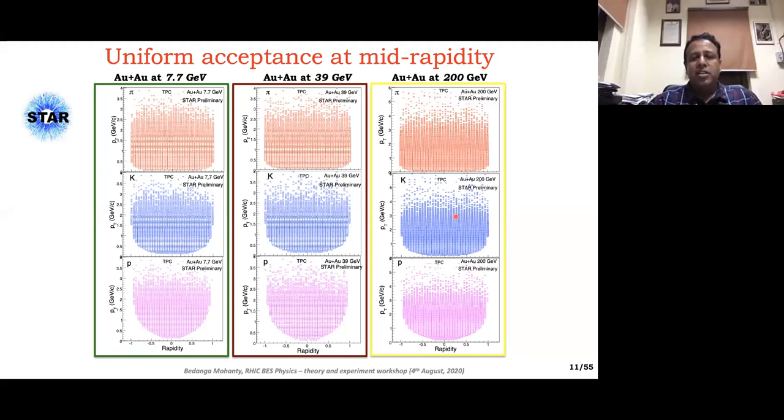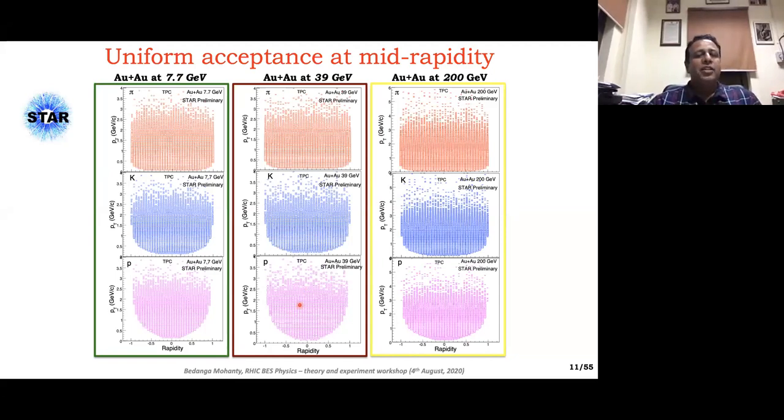It's shown for pions, kaons, and the bottom row is for protons. And you can see at mid rapidity, the acceptance is pretty uniform across all the species and for all the energies. This is very crucial when we do fluctuation analysis.